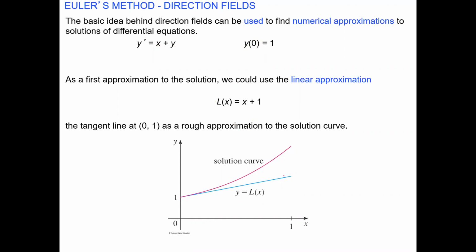Using the linearization, I can approximate some values. But let's walk through obtaining this equation. The pink curve is part of the solution that we got through the direction fields, and the blue line is a tangent line.